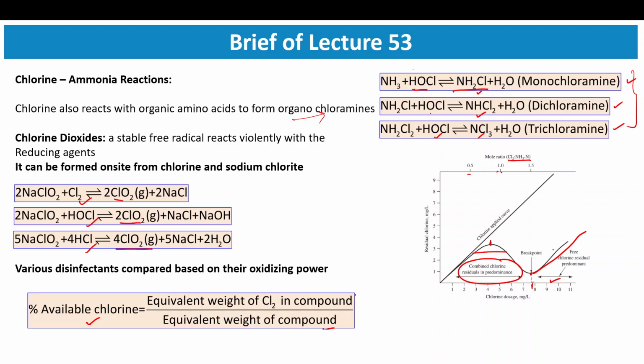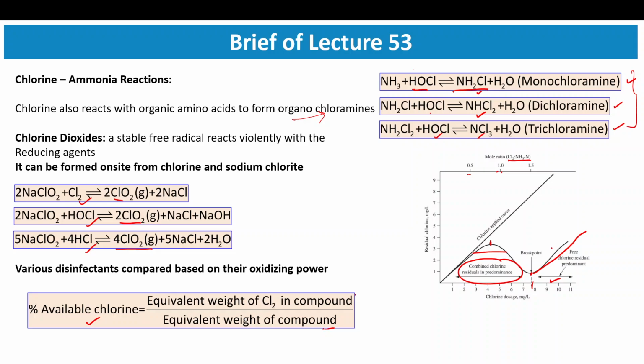So you can choose that region where you can operate for disinfection. Next is chlorine dioxide. Chlorine dioxide generates free radicals, and we have been discussing free radicals in advanced oxidation processes as well, that it is very reactive.